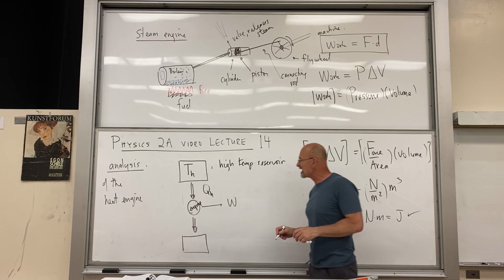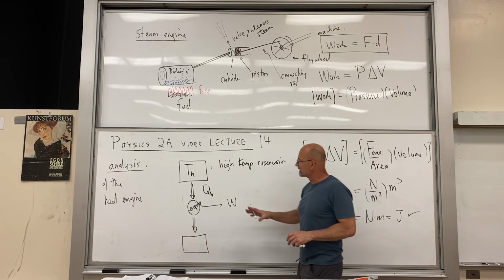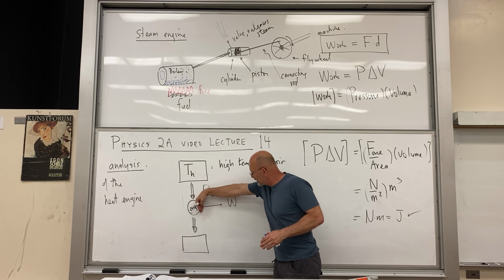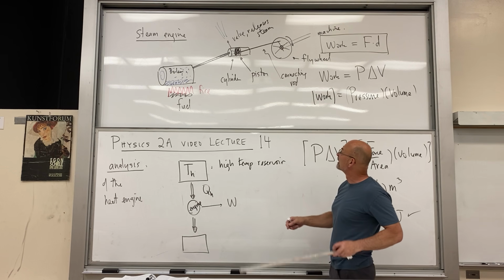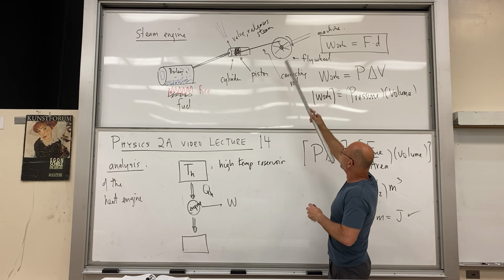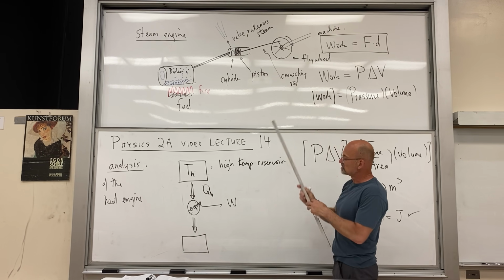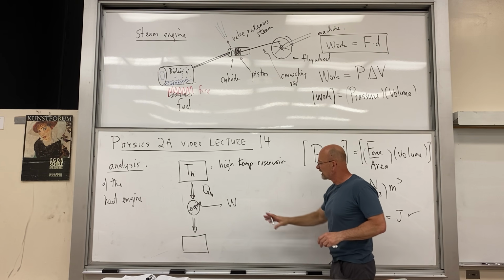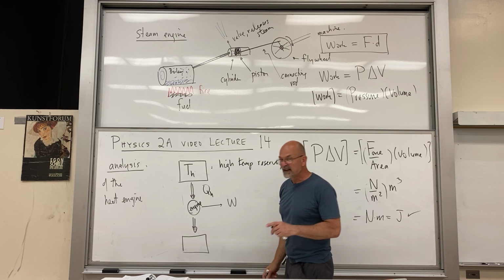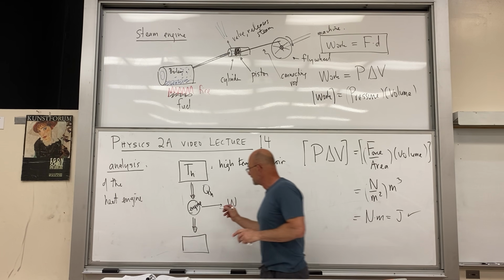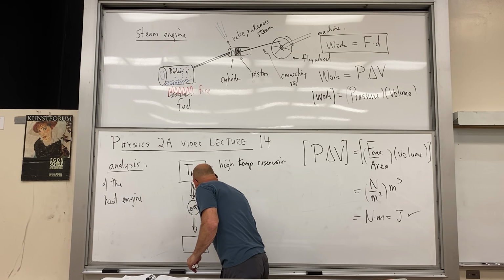Okay, and what does the engine do? It converts that energy into work. So there's the work that the engine kicks out for us, right? It's the rotating flywheel that we then hook up to a machine. So it kicks out this work, but what's going on here is utterly crucial. Namely, there always has to be some form of exhaust.